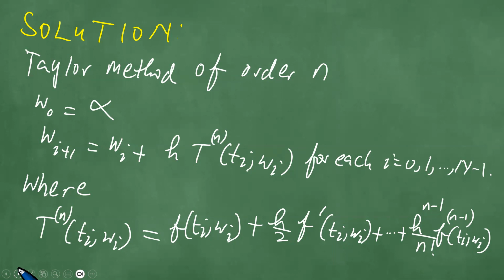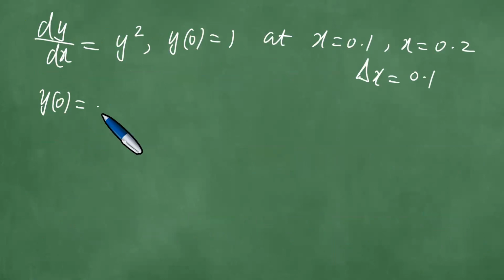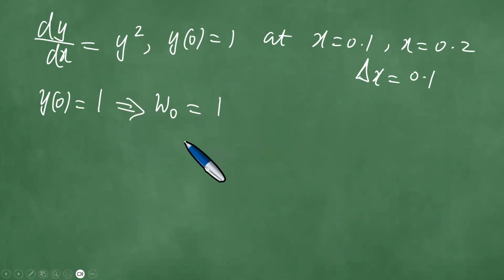Let's use the W's. For example, W0. If this is 1, it means in our notation W0 equals 1. Because that's how we discussed it last time, but it doesn't really matter.